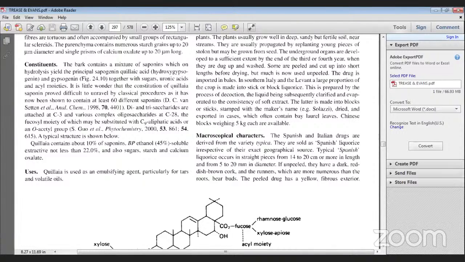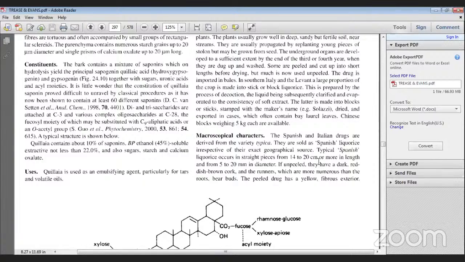The size of the root is maybe 20 to 50 centimeters, 2 centimeters in diameter. The fracture is fibrous and splintery, basically woody and splintery.